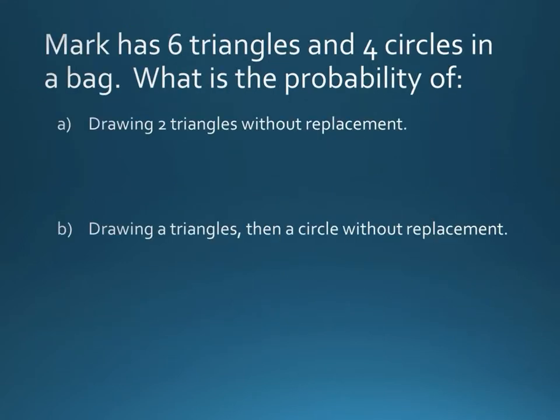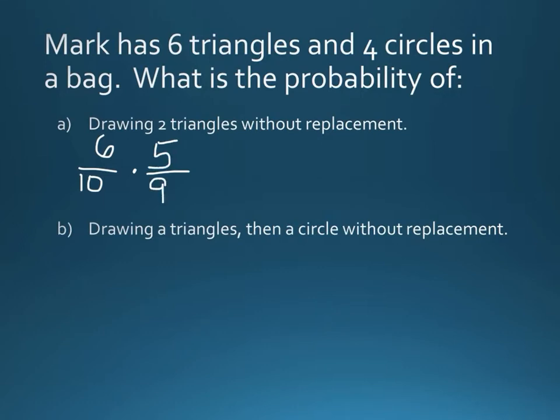Mark has 6 triangles and 4 circles in a bag. What is the probability of drawing 2 triangles without replacement? What's the probability of drawing a triangle first? There are 6 triangles and 10 different shapes. Then I need to draw another triangle, but I don't put that last triangle back. That means I only have 5 triangles in the bag, and only 9 shapes left.